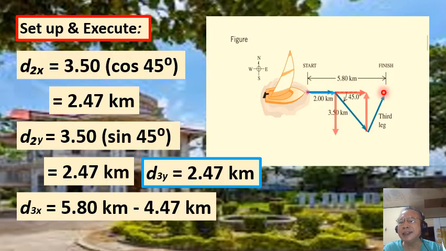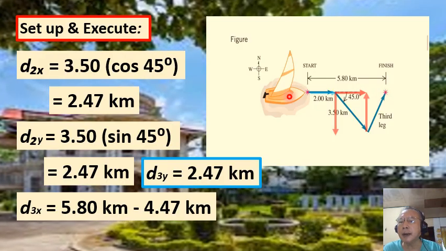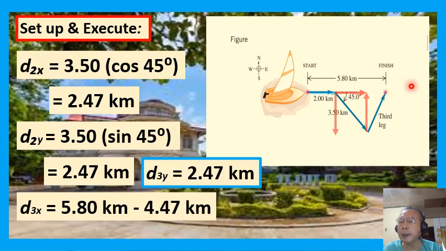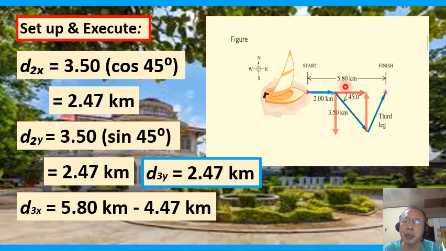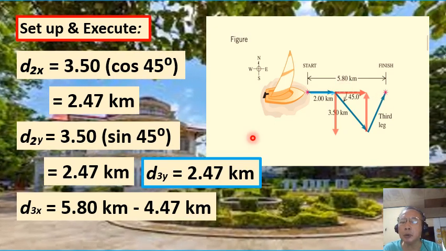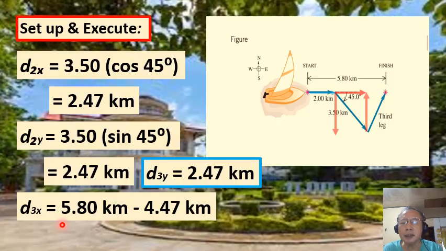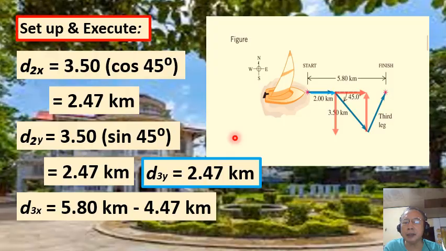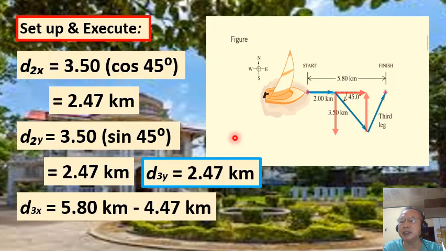And the net displacement between the starting point and the final point is given as 5.80 kilometers. So we can determine the magnitude of d sub 3x.